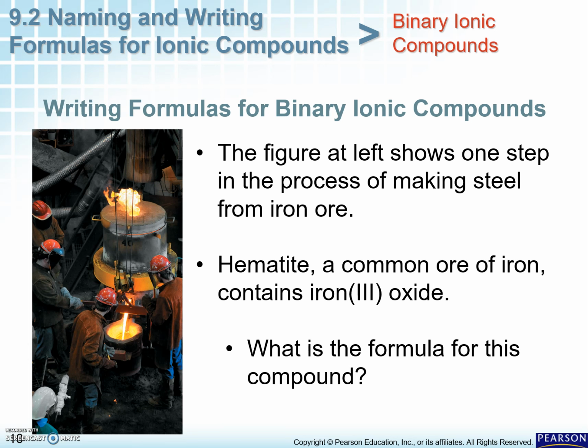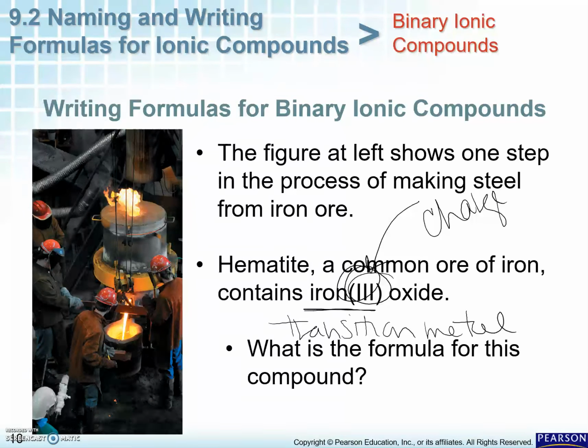However, sometimes they give you some different types of charges. Anytime you have a transition metal, and that's going to be in the drop down box of your periodic table, its charge is going to be given as a Roman numeral. So the charge of this example here is 3.